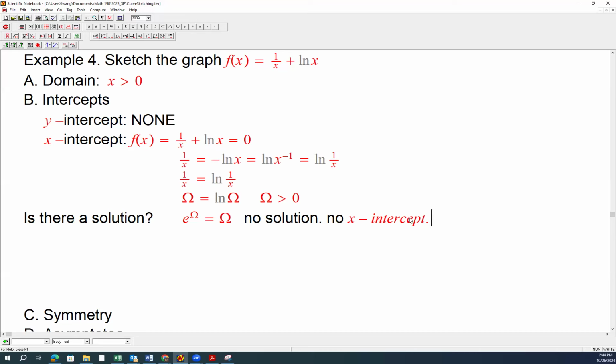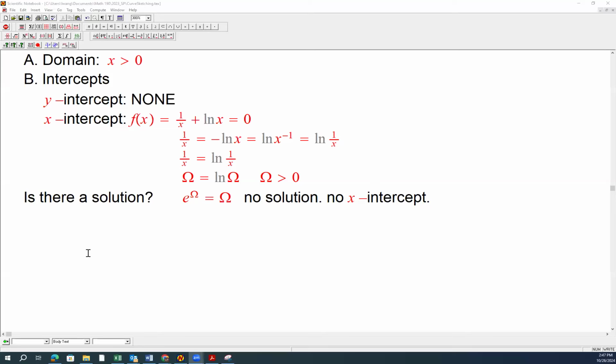If you have any doubt, just pause and work on these logarithm things. All right, no x-intercept nor y-intercept.